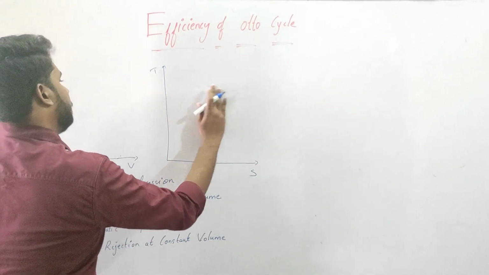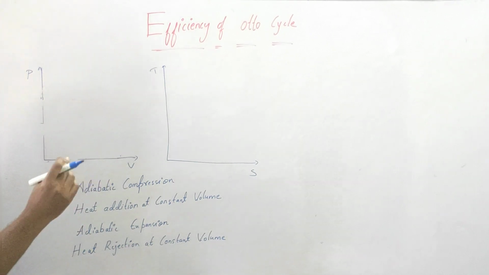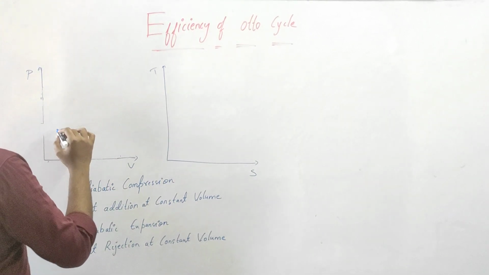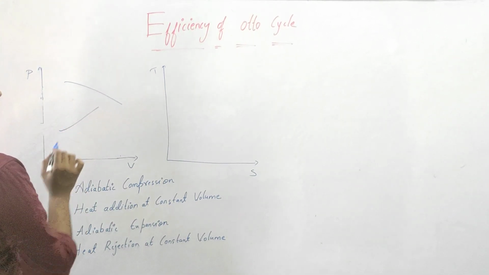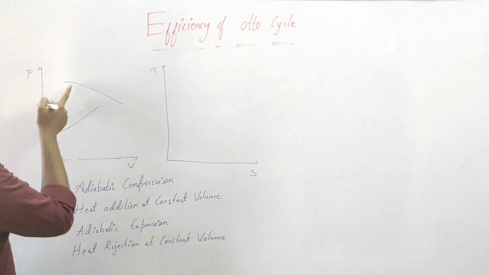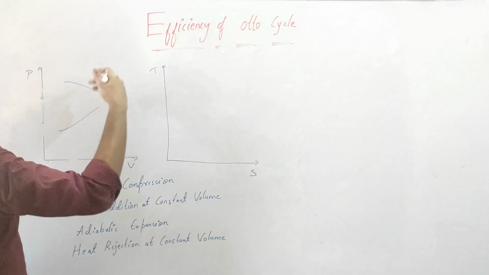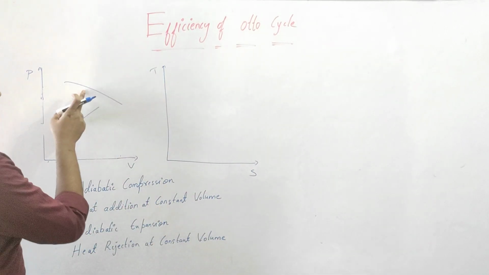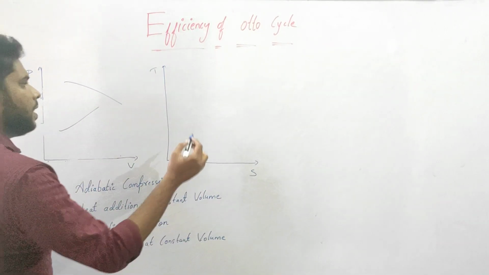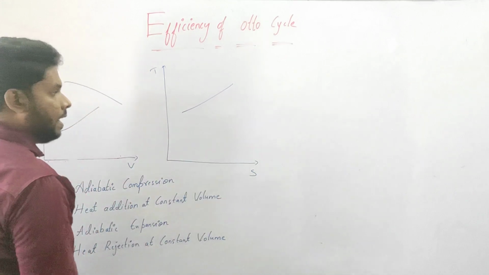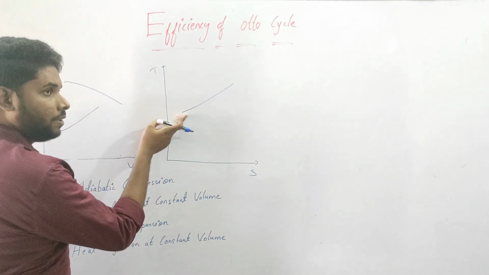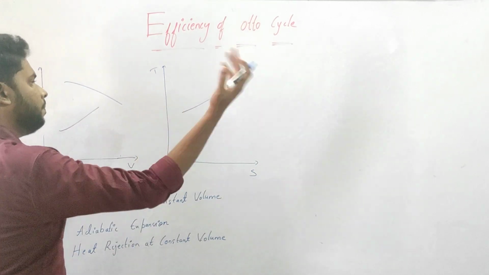If there is a curve like this, it means that pressure and volume both are varying, but follow some other law. It is neither constant pressure nor constant volume. Similarly in the TS diagram, a curve means it is neither constant temperature nor constant entropy, it follows some other law.